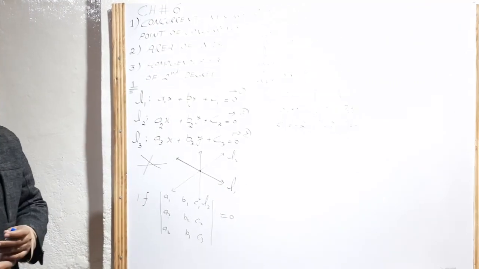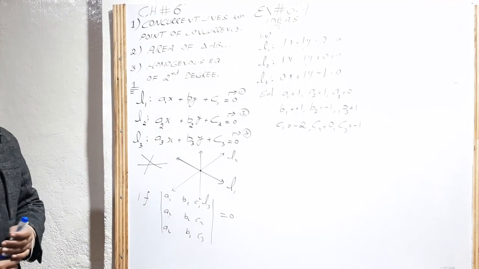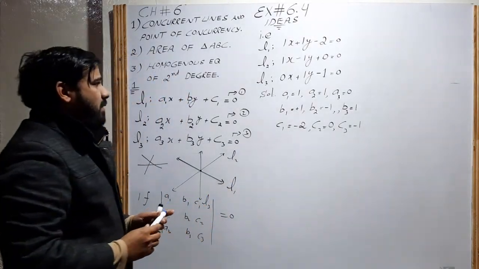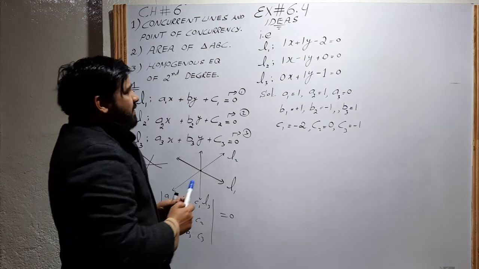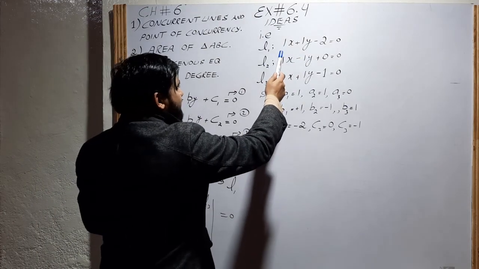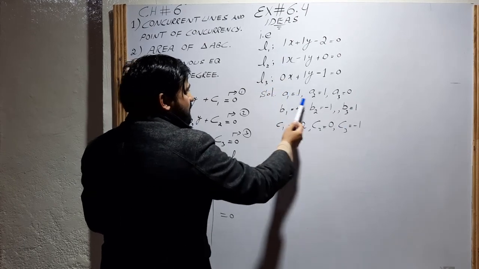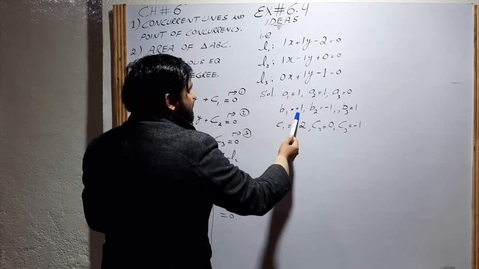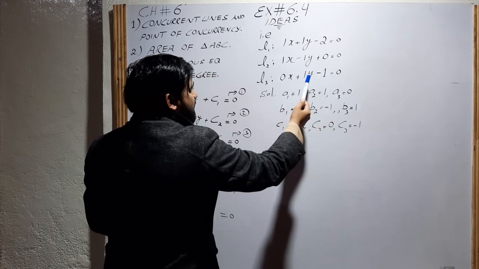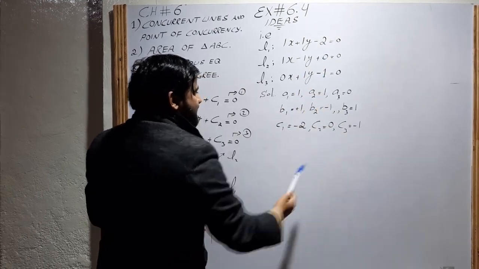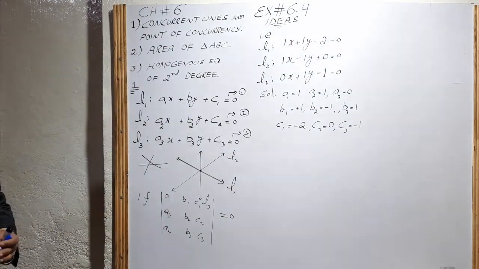Here is an example: check whether the lines are concurrent or not. In this case, the values of A1, A2, A3 for lines 1, 2, 3 are 1, 1, 0, and similarly B1 is 1, B2 is -1, B3 is 1, and C1 is -2, C2 is 0, and C3 equals -1.